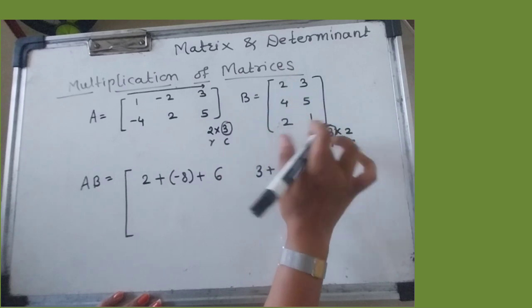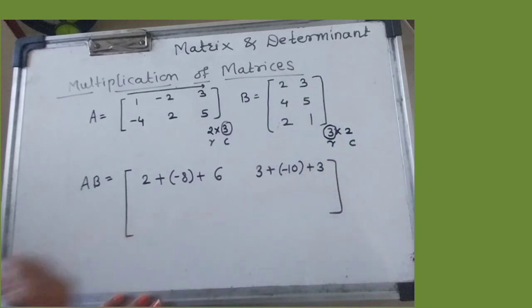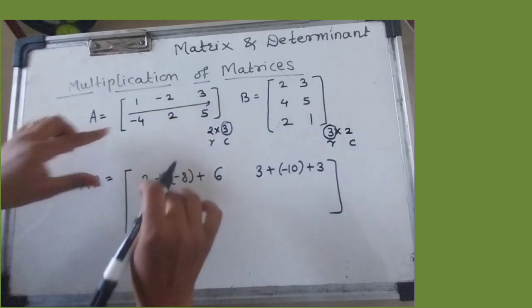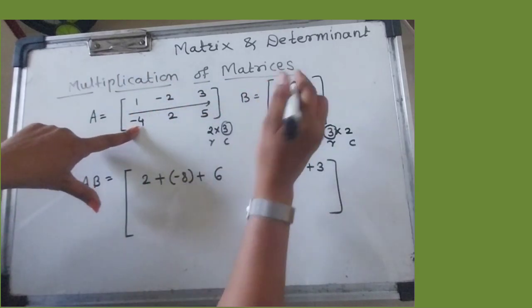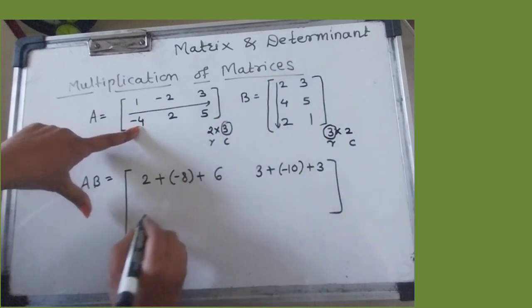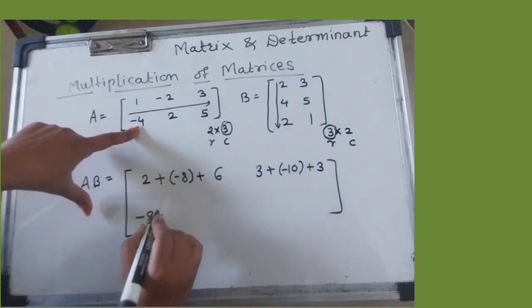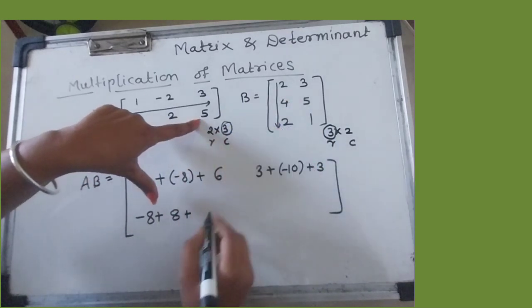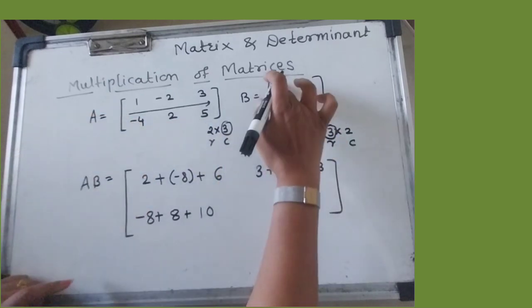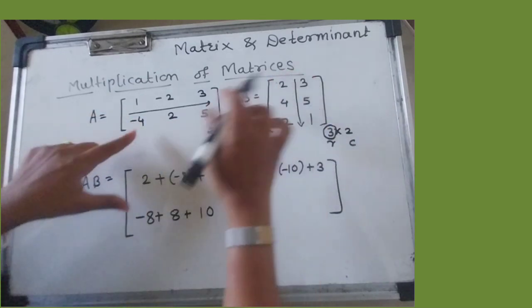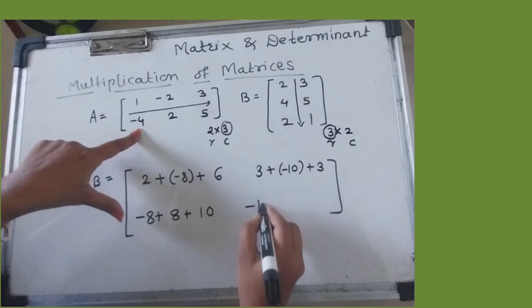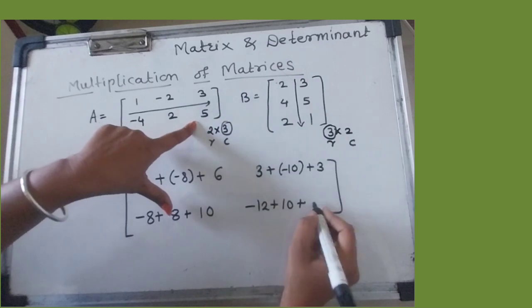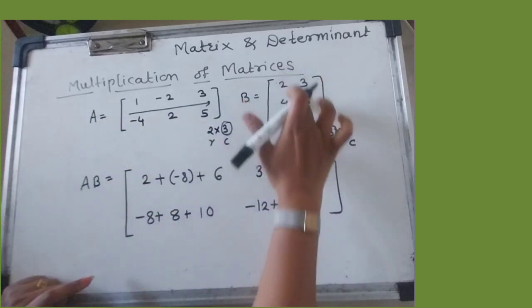There is no column here. Close the matrix. Again, shift the row of first matrix. Minus 4 into 2, minus 8, plus 2 into 4, 8, plus 5 into 2, 10. Shift the column. Minus 4 into 3, minus 12, plus 5 into 2, 10. 5 into 1, 5. Clear?